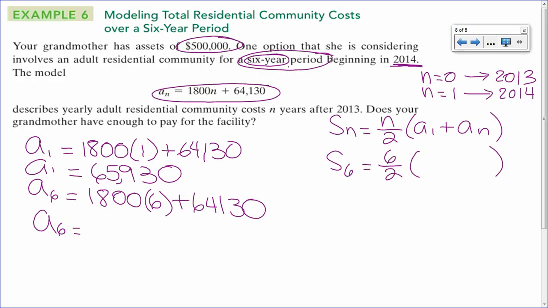So once you guys have found the last term, has anyone found it? 74,930. So as you can see, adult residential communities are very expensive. Extremely expensive, which is a little unfair. So the first term was that.